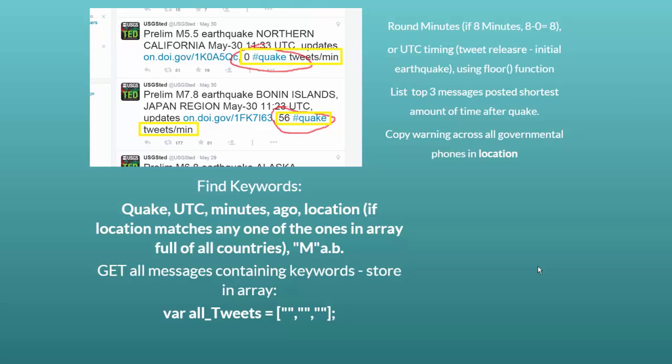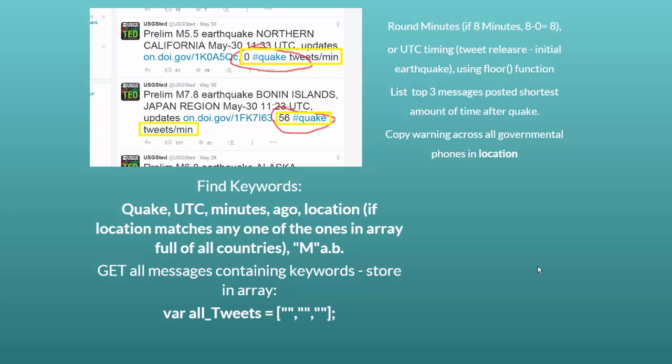So, for example, quake, UTC for timing, minutes for also timing, ago, if it's compensated with minutes, and location, if the location matches any of the locations in a specific array. So for example, I'll have an array that has all the countries on Earth, as well as the Richter scale of the earthquake. So for example, M followed by a real number with a decimal.